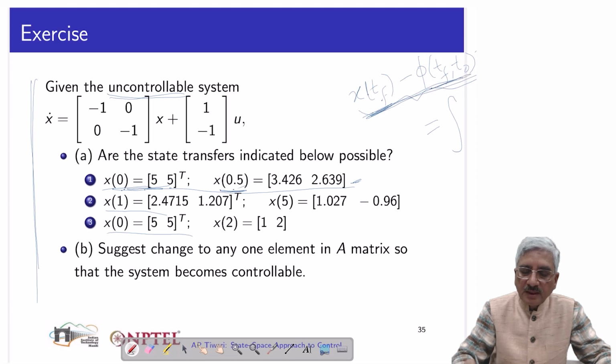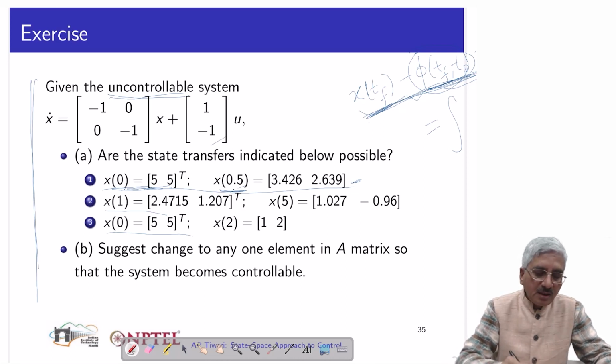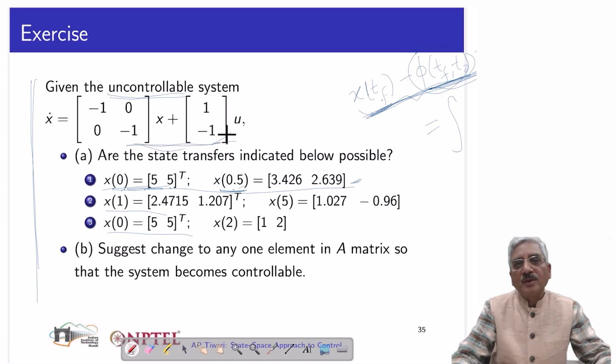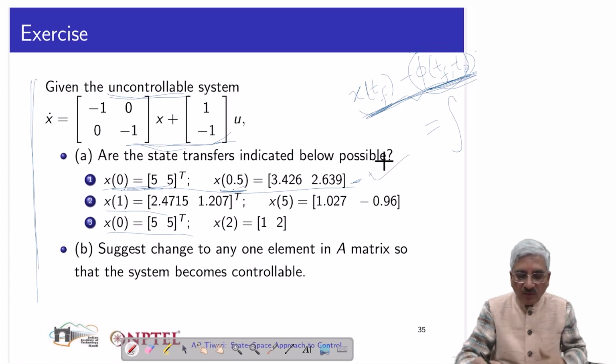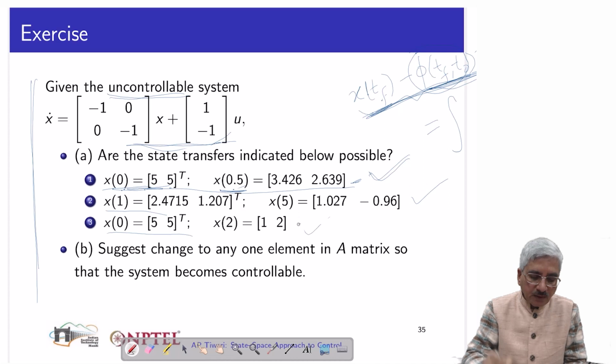You need to evaluate the state transition matrix, and you need to evaluate this product and then this difference. And if that difference can be expressed as linear combination of b and a times b, then the state transfer will be possible. So the student has to check for this, and for this.